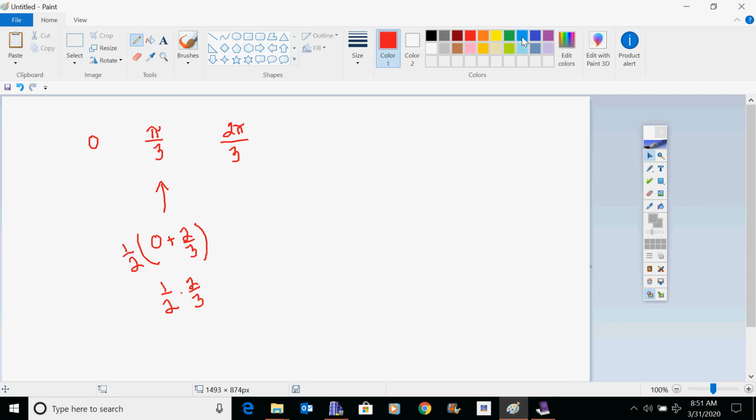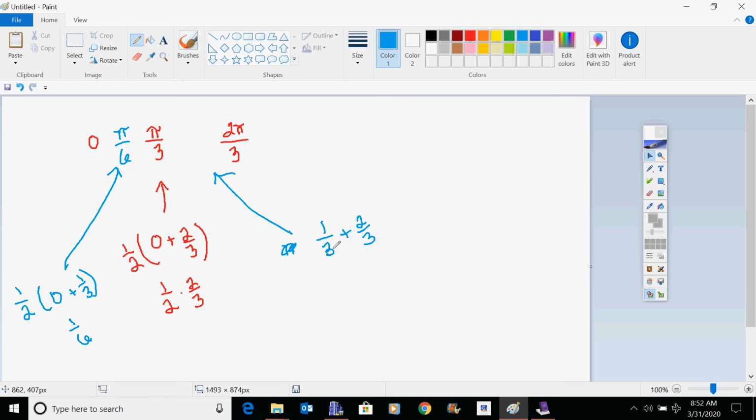I need to find this one, and this one I do by taking 1/2 times 0 plus 1/3, and that would give me 1/6. Usually this one's a little bit easier to find, so we'll just put a pi in there. Over here we're taking 1/3 plus 2/3 and multiplying that times a half.